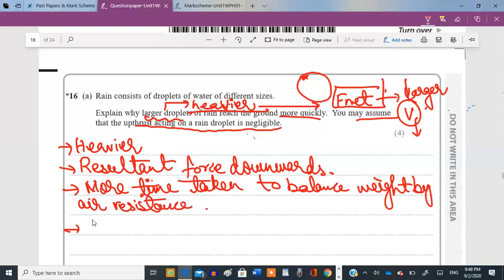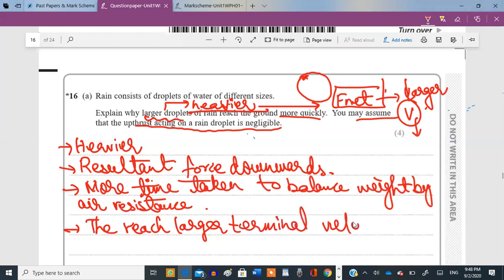So they reach a larger terminal velocity. And if they reach a larger terminal velocity, and of course if the velocity is larger, they reach the ground quickly.